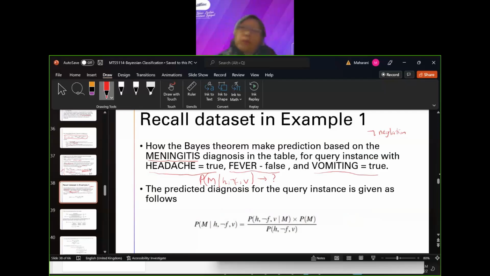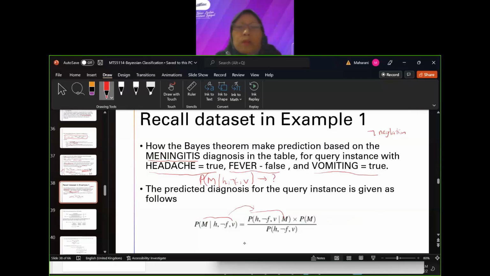So we just put this in the Bayes theorem. The P of M given H, non F, V equals, by the definition of Bayes, P... the symmetry, yeah? If you remember the symmetry, you can see this one and this one are symmetrical.